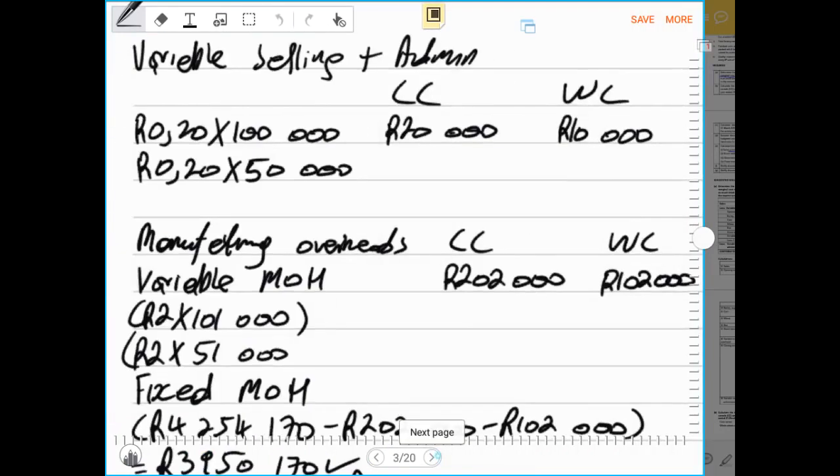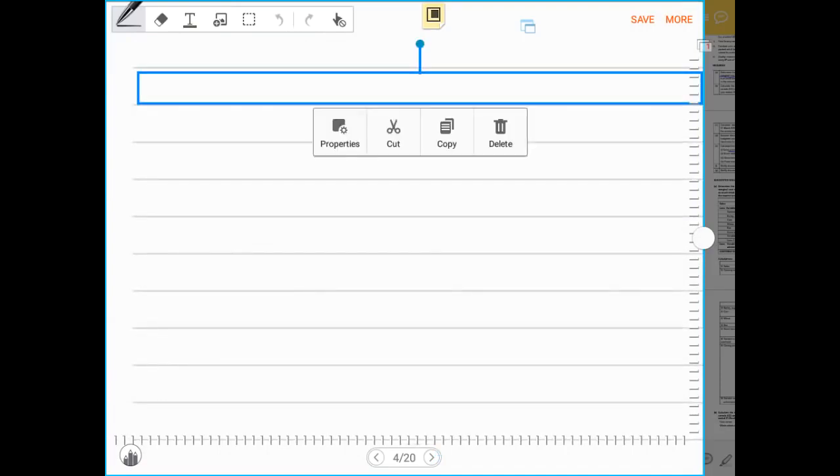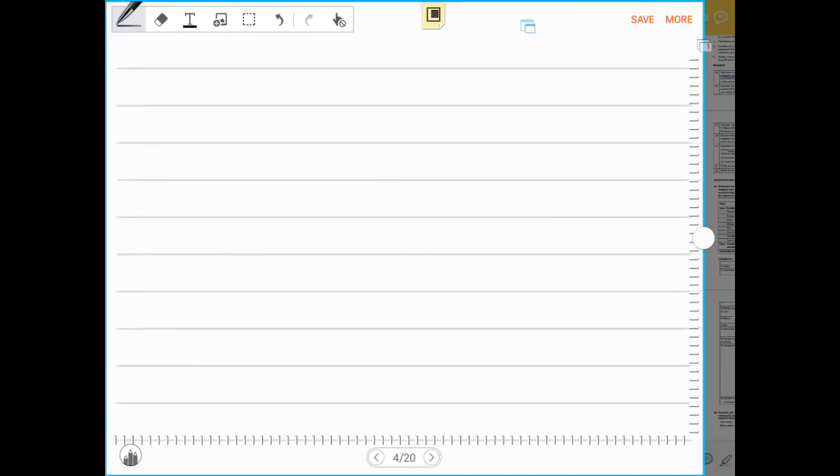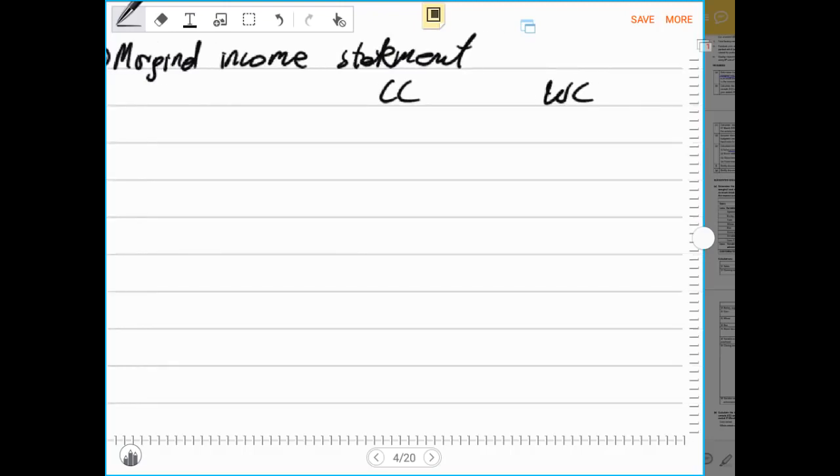So now I have my cost per unit, then I'm doing requirement number A, which is the marginal income statement, and my marginal income statement is for products CC and WC.